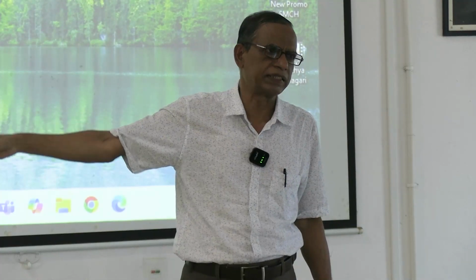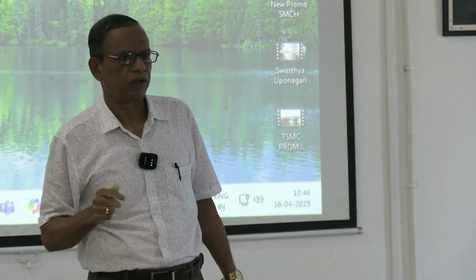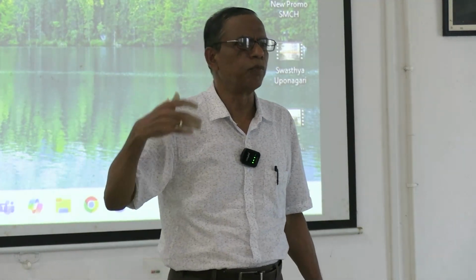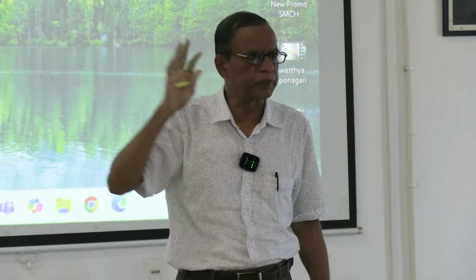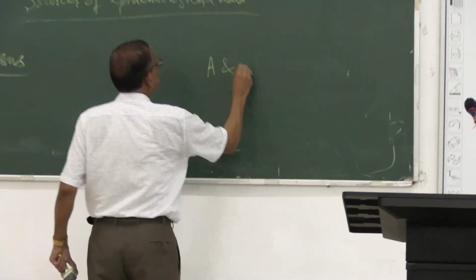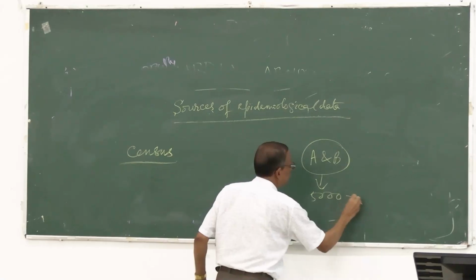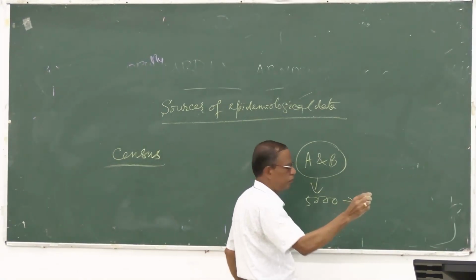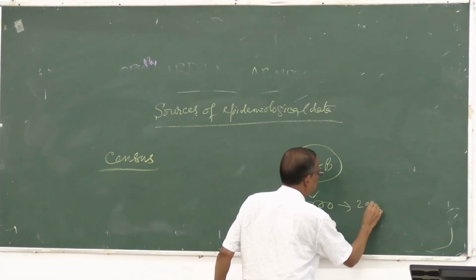So, is this 5000 population really present in that locality, or is there more than 5000 population? Suppose 8 years back, the total population was 5000. Say village A and B had a population of 5000 in the year 2016.